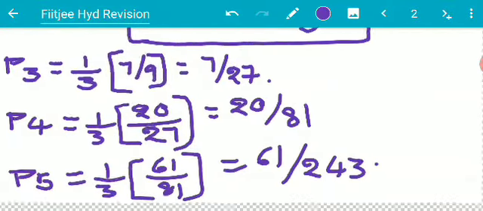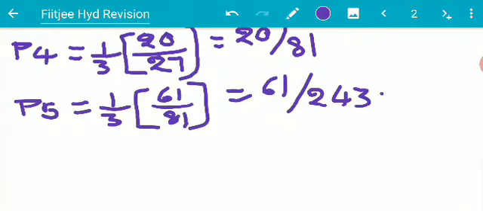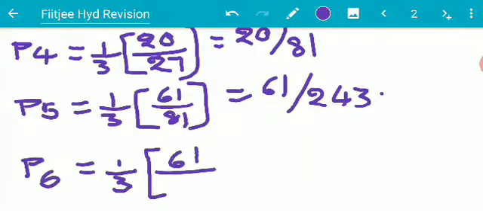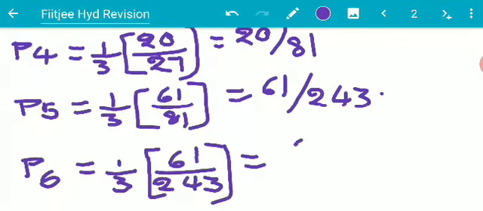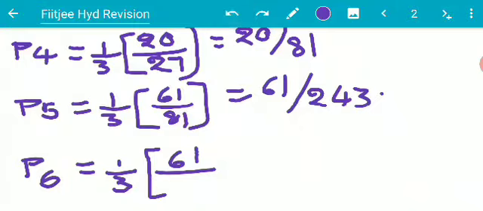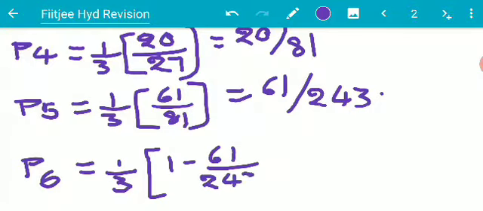And what is P6 now? That is 1 by 3 into 1 minus 61 by 243.